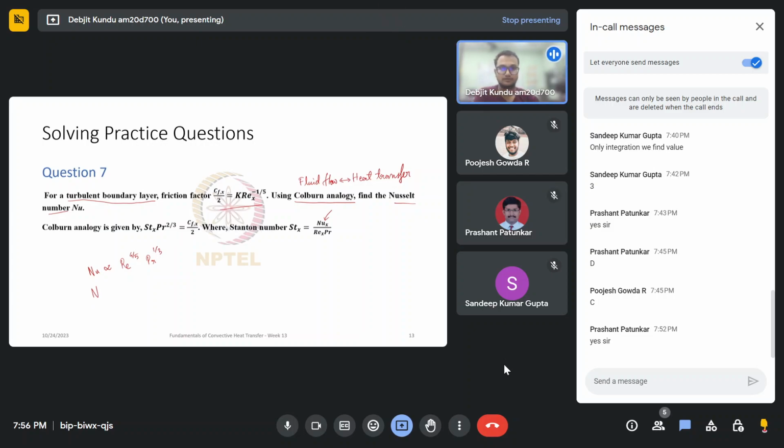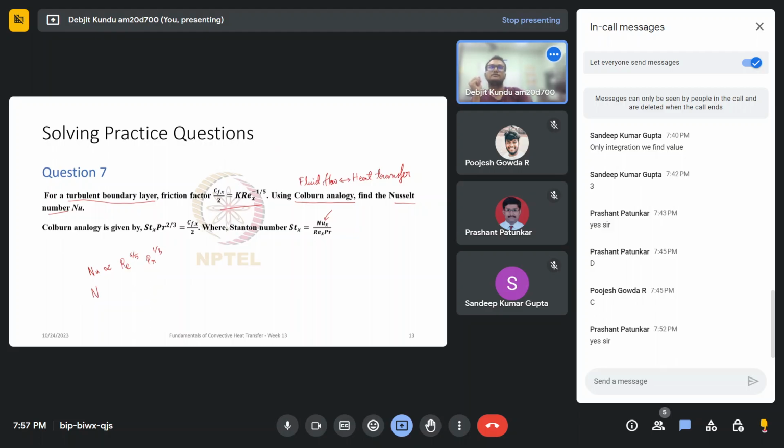So we'll quickly try to do this. We start from here. We will plug in the value of Stanton number. So Nux divided by Rex into Prandtl number to the power 2/3 should be equal to Cfx by 2.